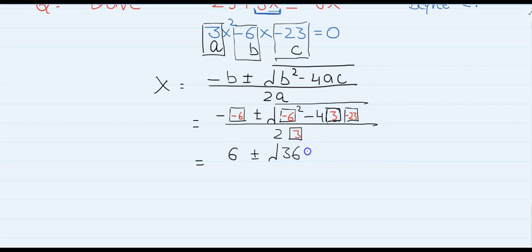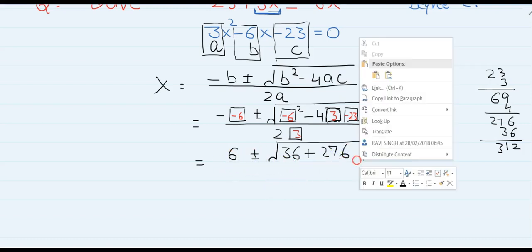This is minus and minus, so it will be plus, and that is 23 times 3 is 9, and 3 times 2 is 6, multiplied by 4, that is 6, and 6 times 4 is 24, and that is 276 plus 36. 6 plus 6, 12, 7, 3, 10, 1, 11, 1, carry. So this is 3, 1, 2, that is 276 over 6.